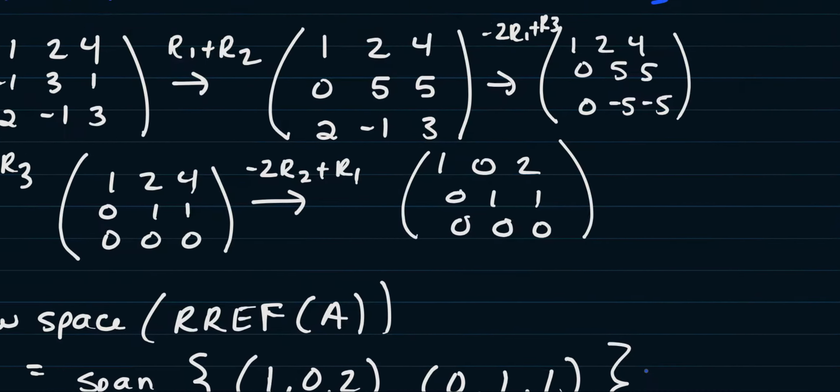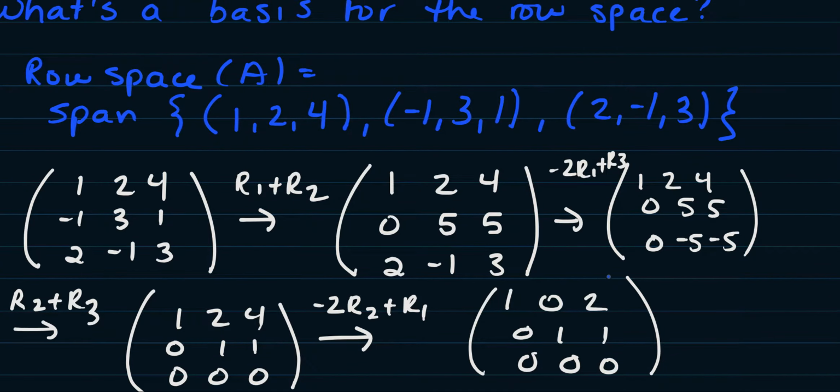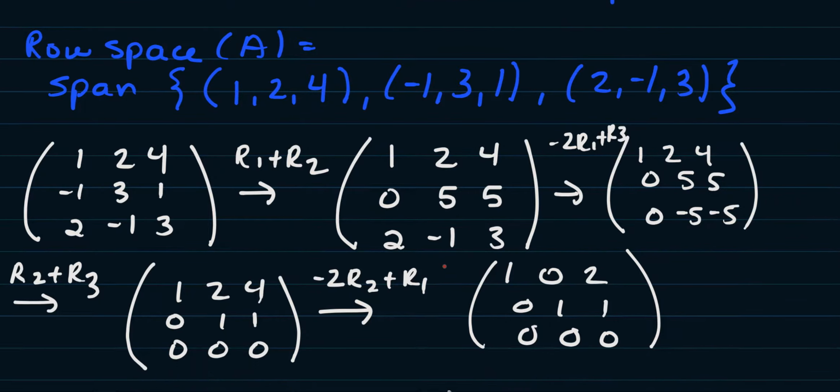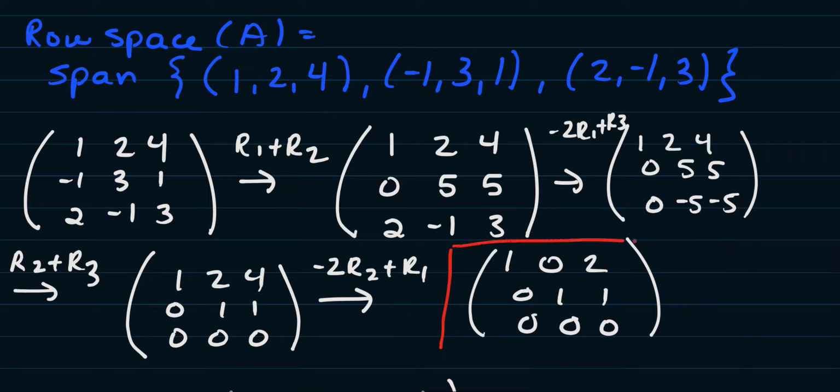I'd like to also point out that once you get your matrix into reduced row echelon form, which is right here, the number of pivots is equal to the rank of your matrix. Notice that we have two pivots, and these two pivots correspond to the rows that are in the basis for the row space.